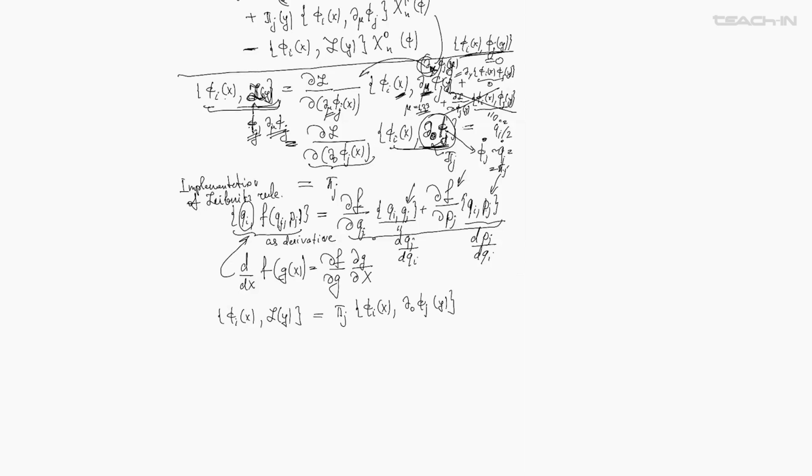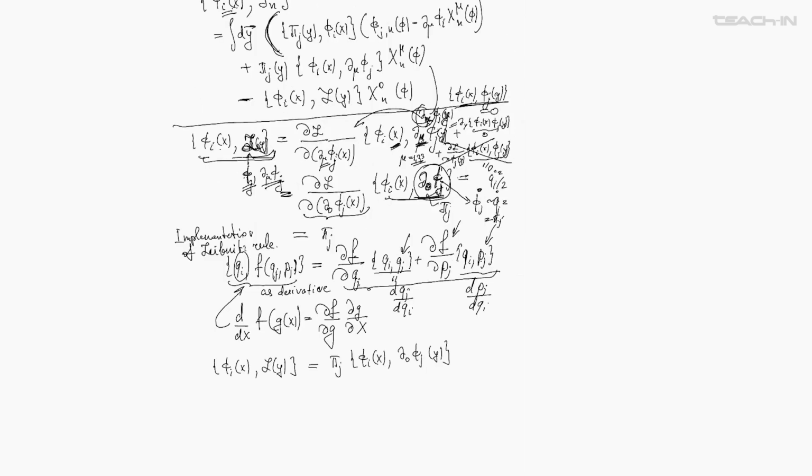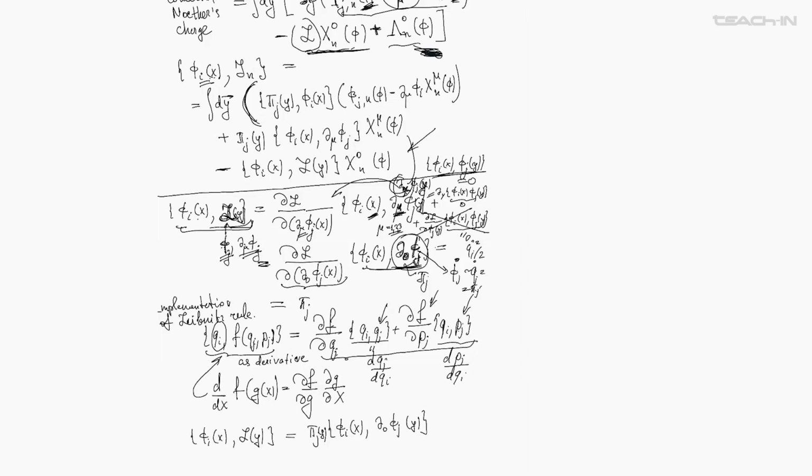And now I can just substitute this result back into the original expression here. And you see then what happens is that there is a nice cancellation between two terms.